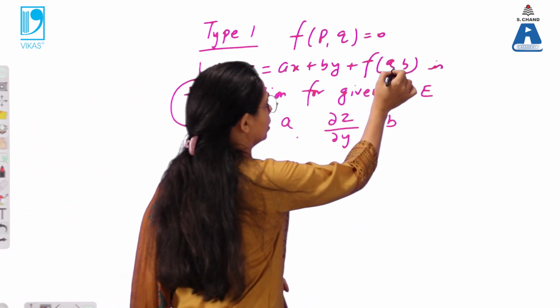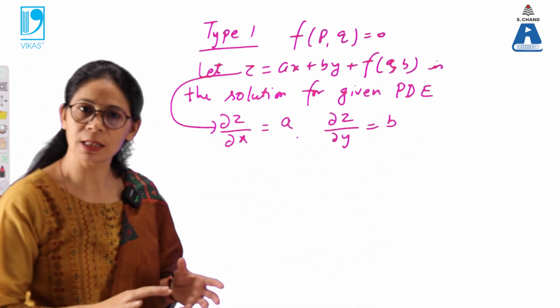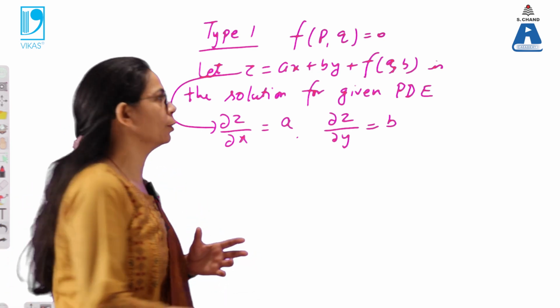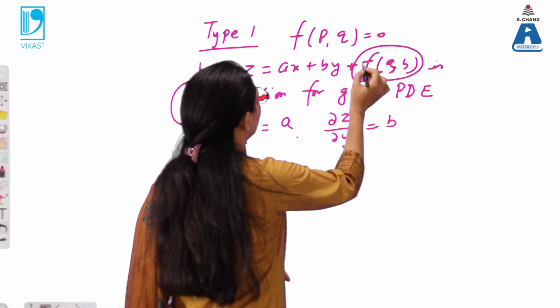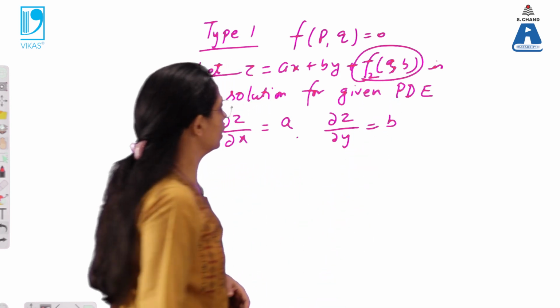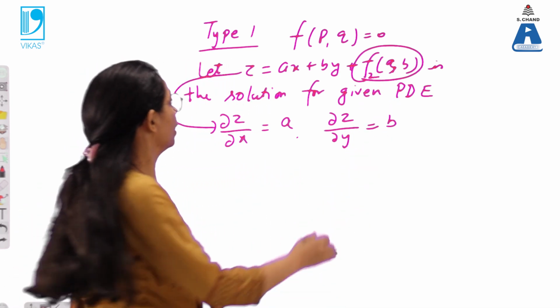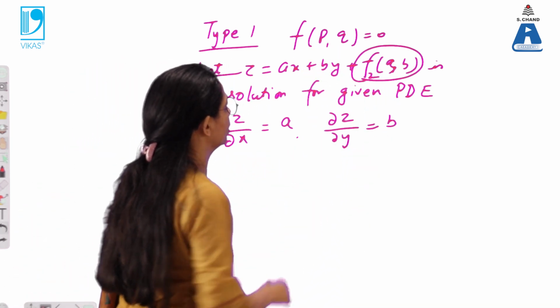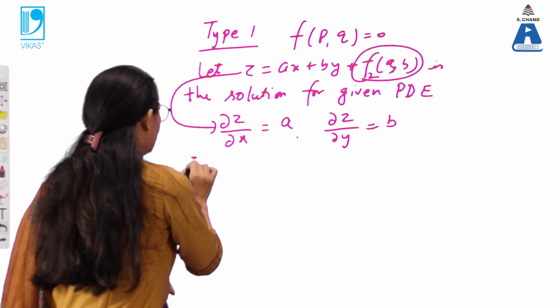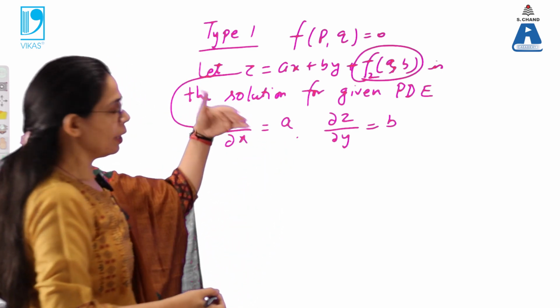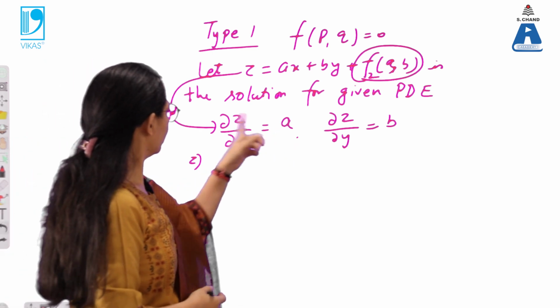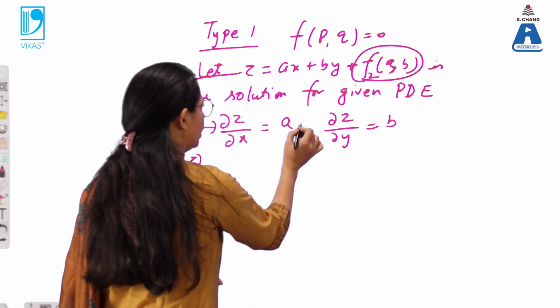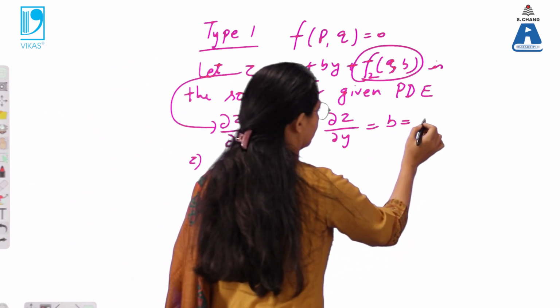And here this is a function of a and b, and since a and b are constants, let us denote it with some other function, say f2, so that we do not get confused between this f and that f. Then in the given differential equation, this is nothing but our p only, and this is nothing but our q only.